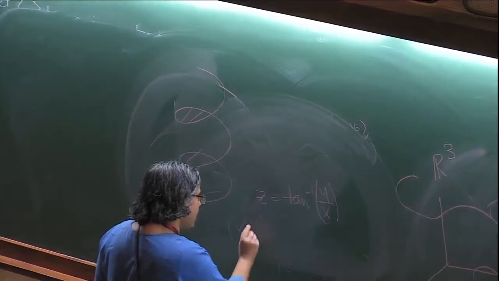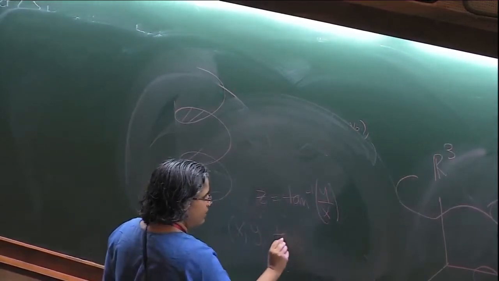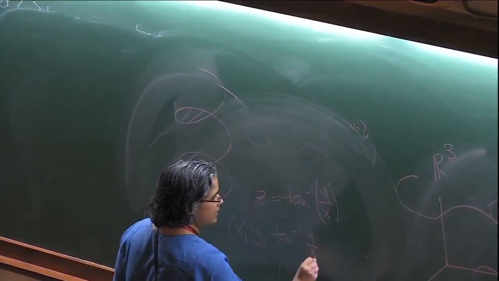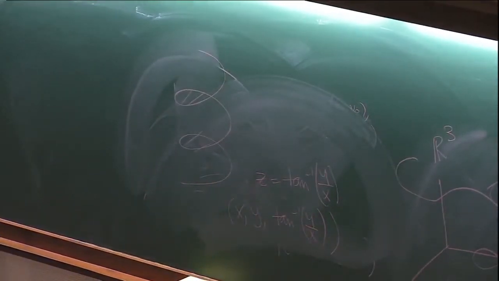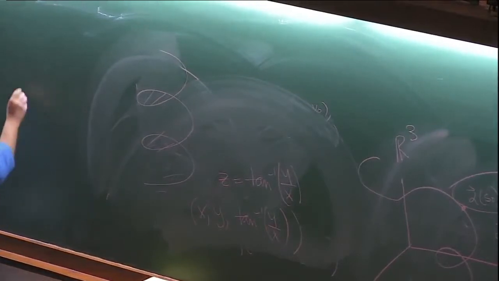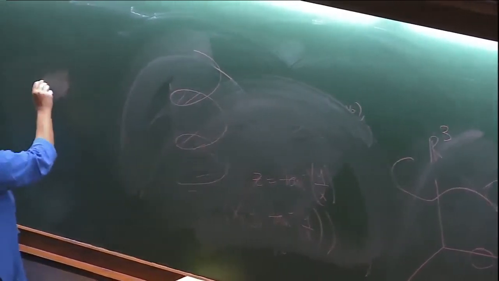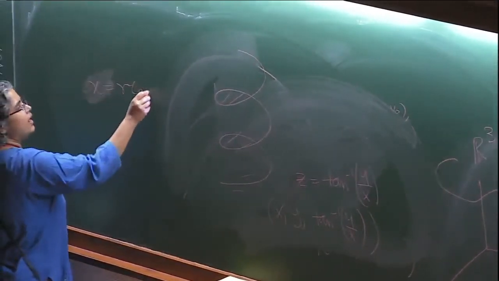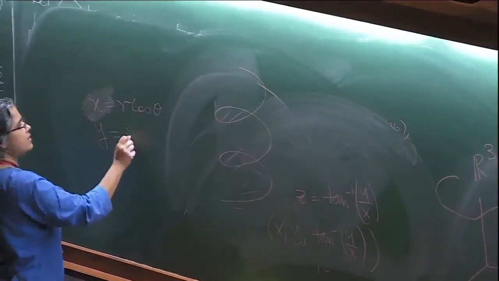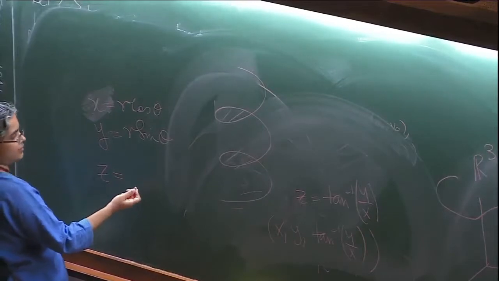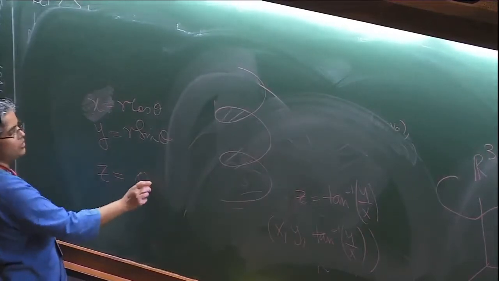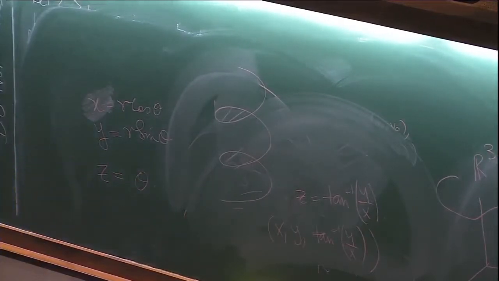That means your x, y, tan inverse y by x. This is a way to parameterize this. There is another way of parameterizing it. X you can write as r cosine theta, y as r sine theta, and z as just theta.